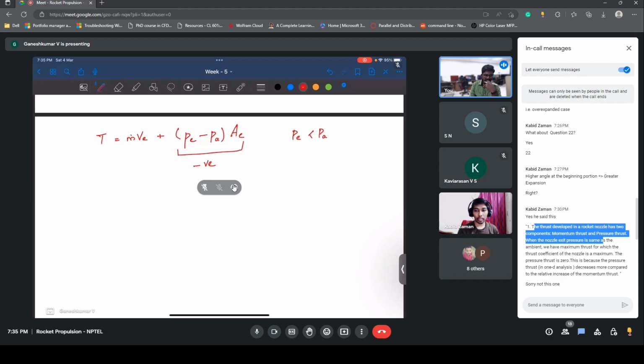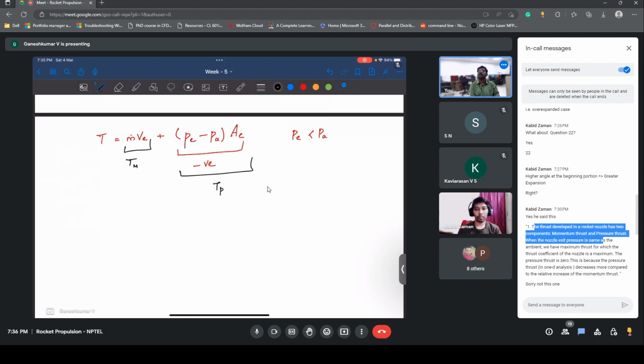The thrust developed in the rocket nozzle has two components, momentum thrust and pressure thrust. When the nozzle exit pressure is the same as ambient, we have maximum thrust, for which the thrust coefficient of the nozzle is maximum. That is true. The pressure thrust is zero. True. This is because the pressure thrust decreases more compared to the relative increase of momentum thrust. So this part is momentum thrust, this part is pressure thrust, right?